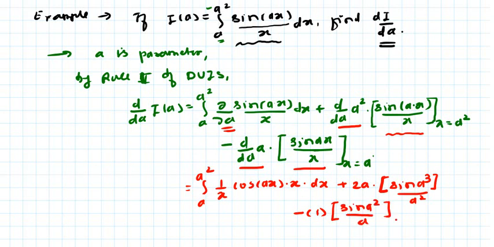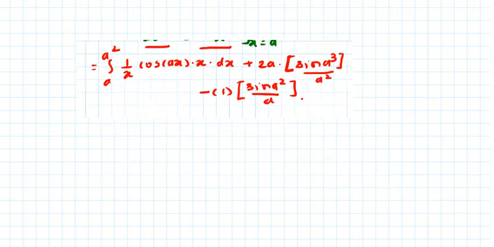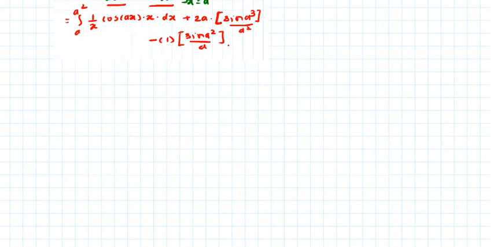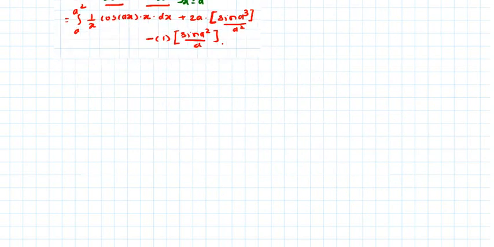Okay, so we need to just simplify this term now. Okay, so this is the value for dI by da.